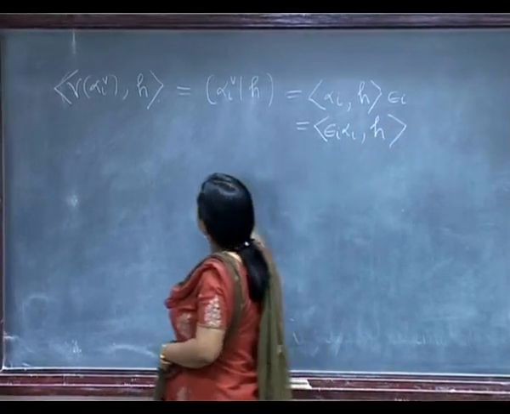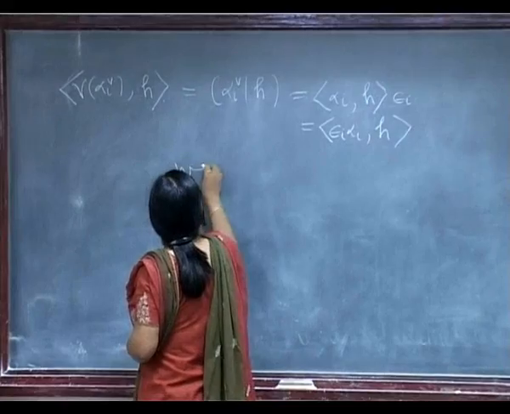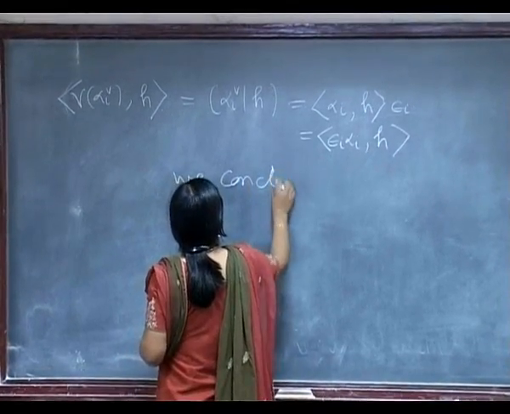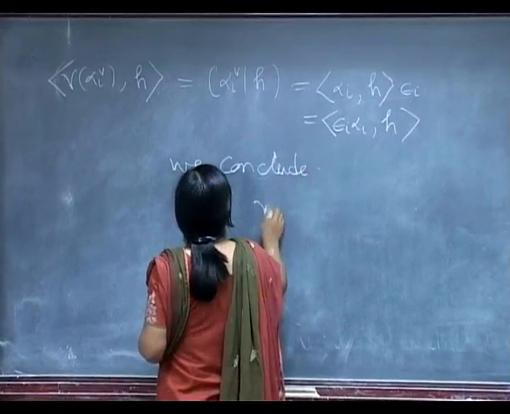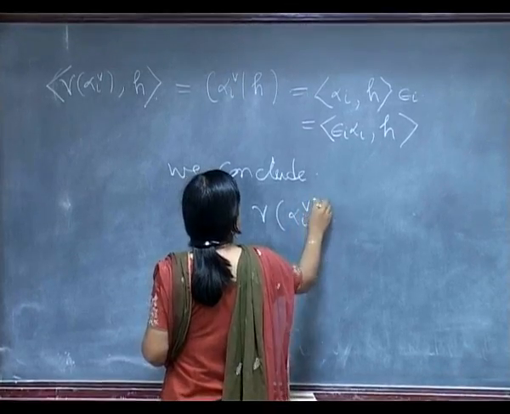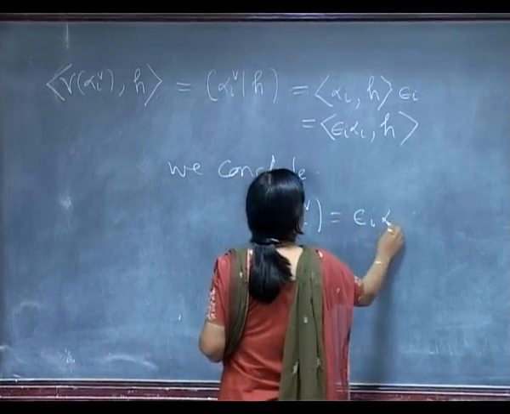So, from here we conclude that nu of alpha_i check is epsilon_i alpha_i.